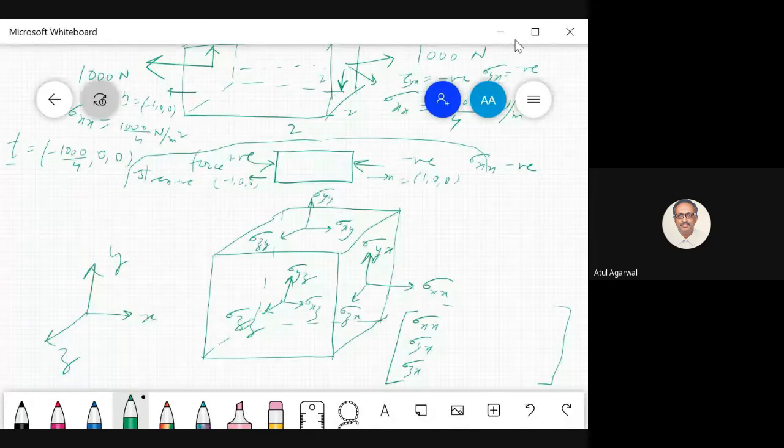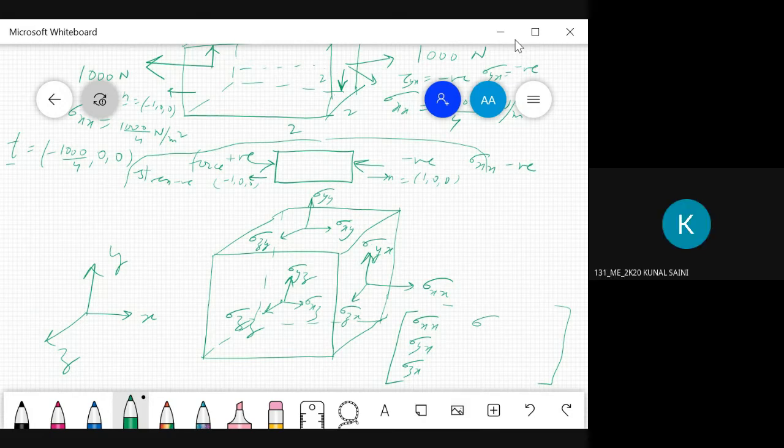So here the column index is x, and the first index is the row index. What will be the second column? Sigma xy, sigma yy. First column has x as the rightmost index. Second column has y as the rightmost index. And what will be this column? Sigma xz.